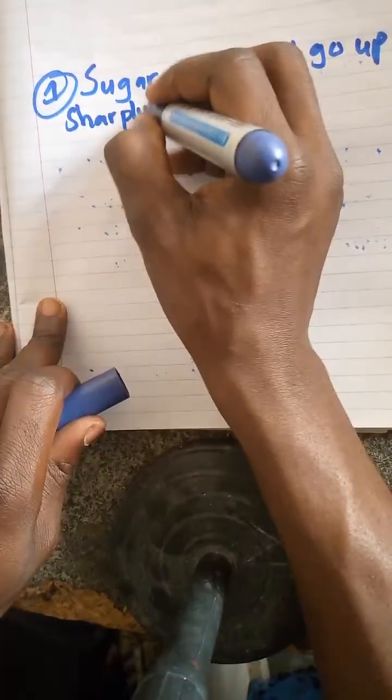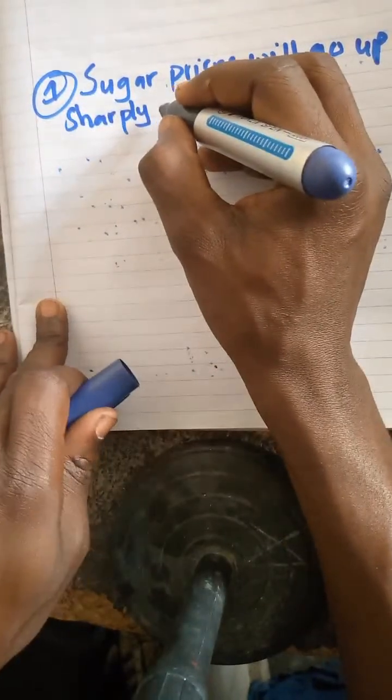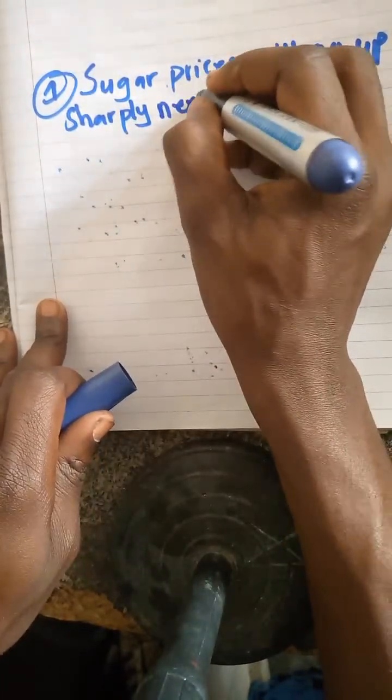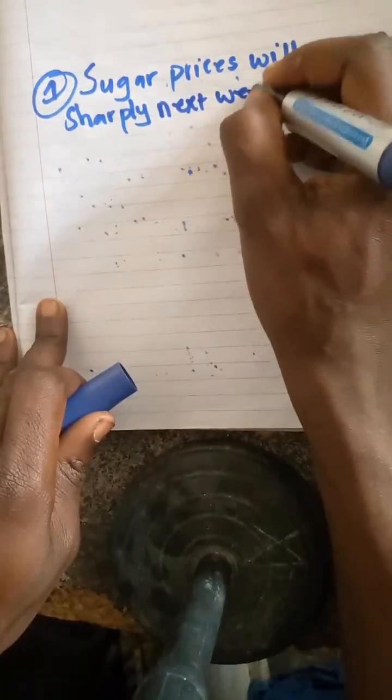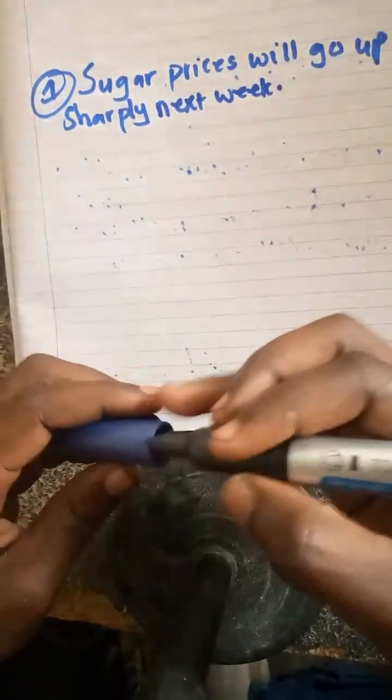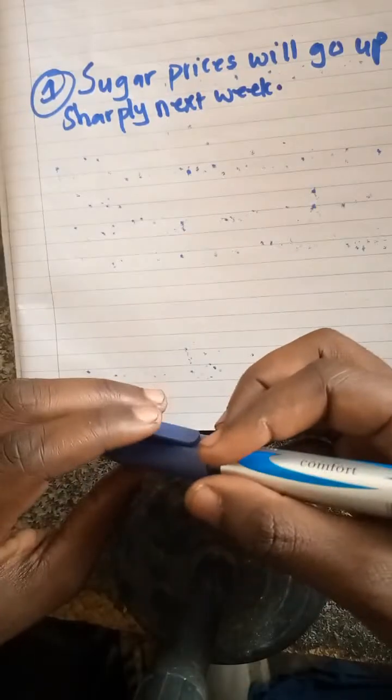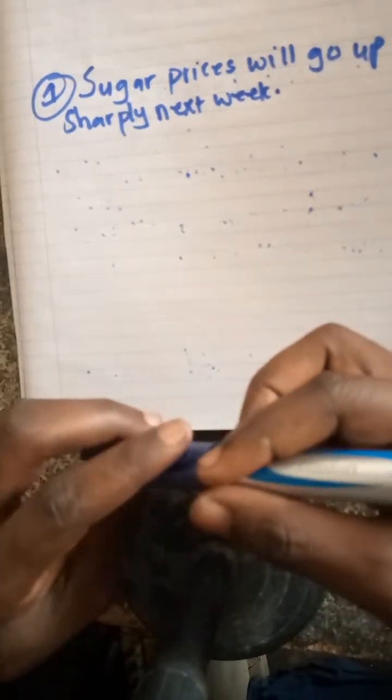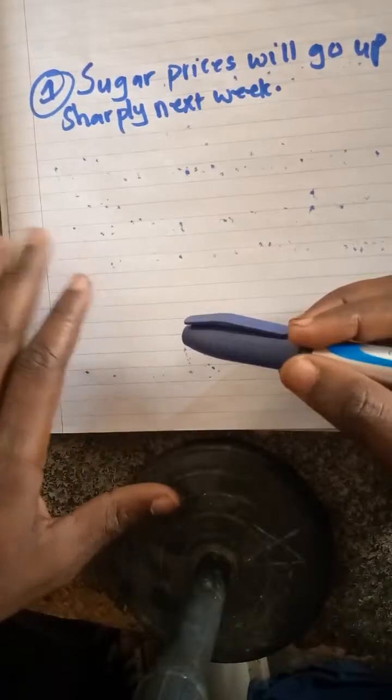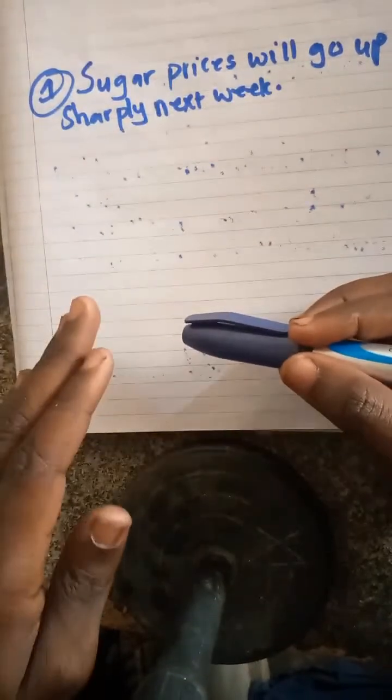Seen? Sharply next week. Full stop. Sugar prices will go up sharply next week. Okay? Sugar prices will go up sharply next week.